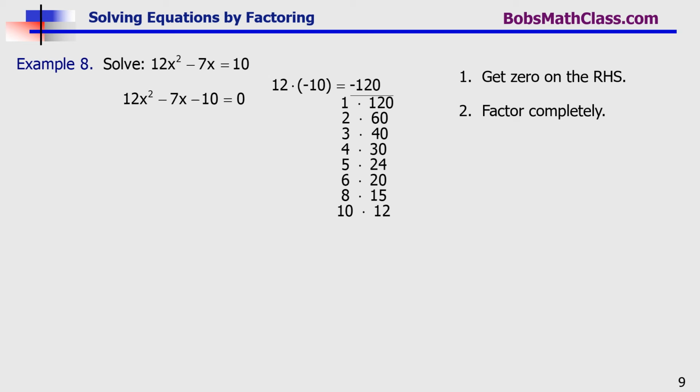So 120, I listed all the factors, and which of those pairs will subtract to give us 7? Yes, the 8 and 15. See that 8 and 15, very few people are going to say, oh yeah, 8 times 15 is 120. Okay, so 8 and 15, positive 8, negative 15.